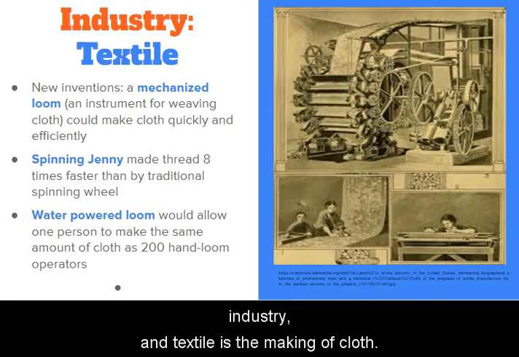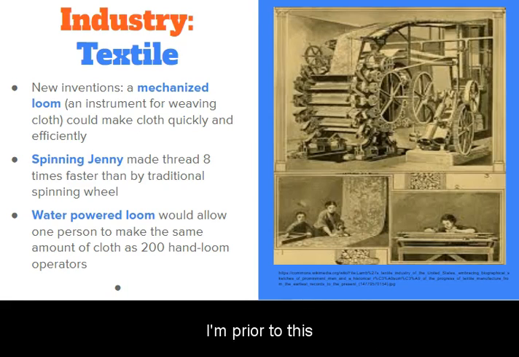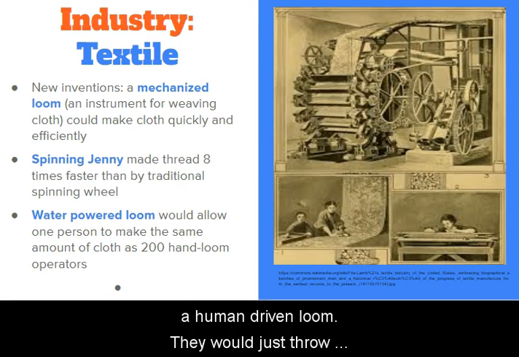And textile is the making of cloth. Prior to the Industrial Revolution, humans would create cloth by hand using a human-driven loom.